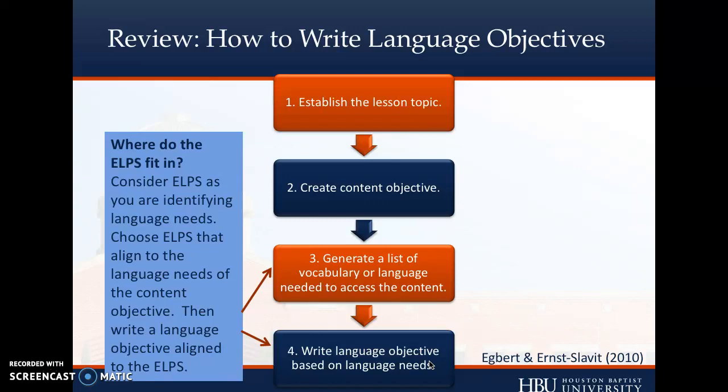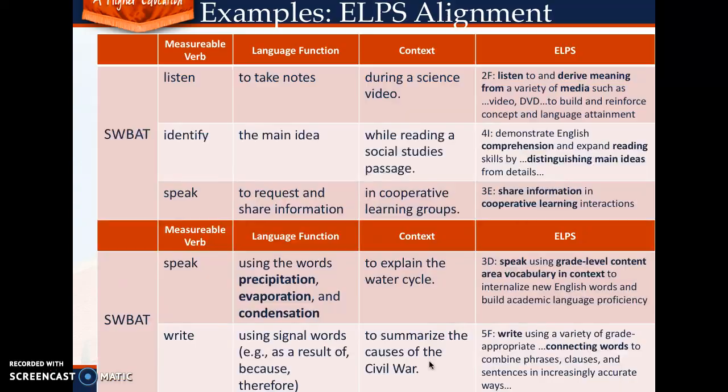So combine the two, the language needs, plus the ELPs, and then write the language objective based on the needs. Here's some examples of ELPs alignment with the examples we've already looked at.